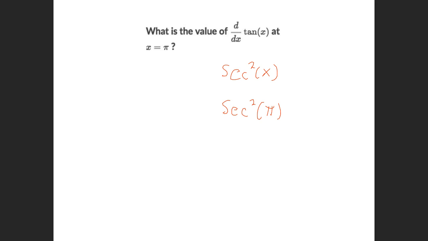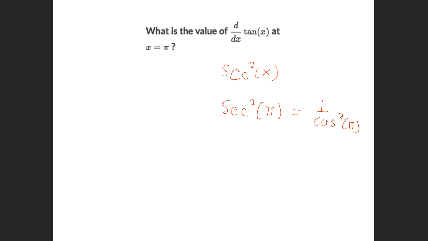I don't disagree with you. Okay, but why? How can we use that? Exactly. Secant is 1 over cosine. No, you are absolutely correct. So what we could do here is we can just rewrite this as 1 over cosine squared of pi. Okay, and what is the cosine of pi?